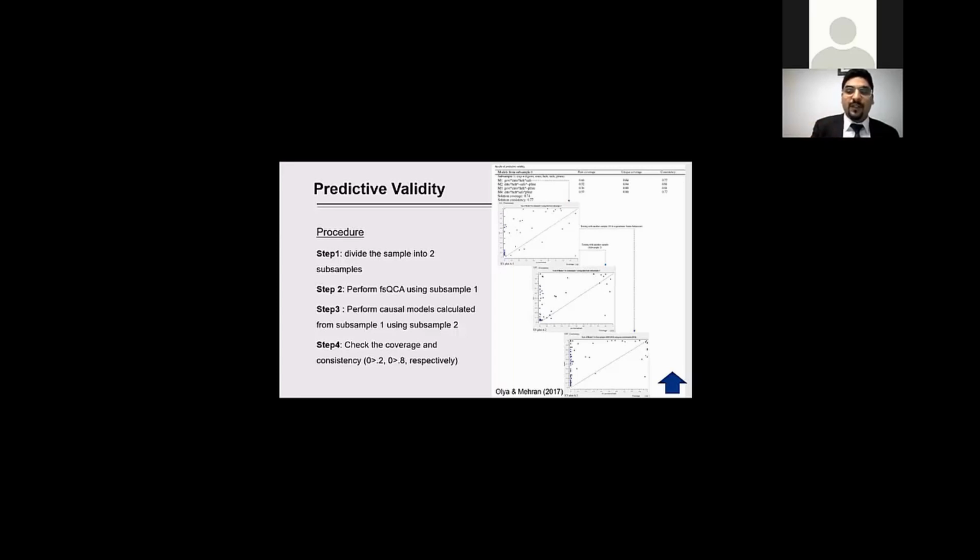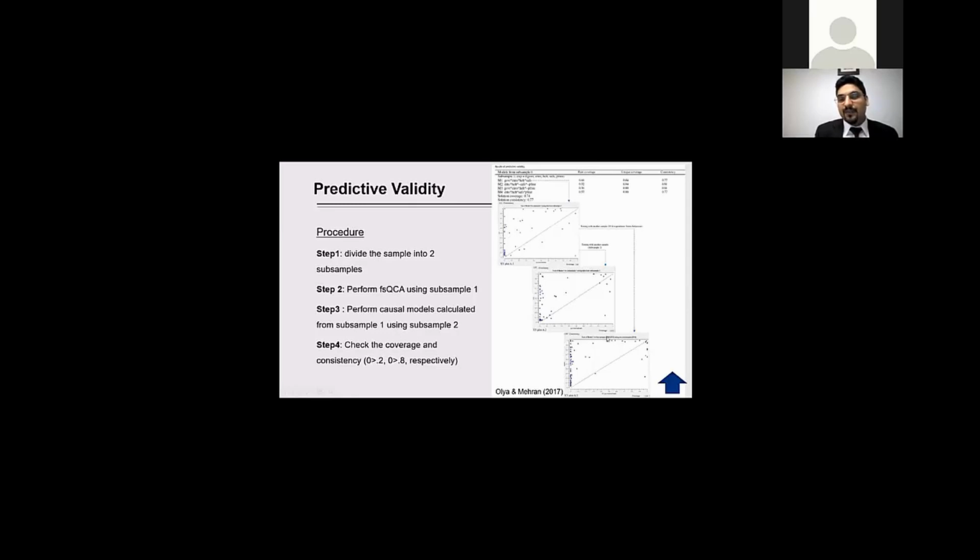One of the reviewers wisely advised us that now we have future data. Although it's a little bit tricky, they told us we now have future data, which is 2014, while we used data up to 2013. Now use this data as another sample, a future sample, and provide evidence of predictive validity. Hopefully, we use future data and come up with high levels of coverage and consistency.